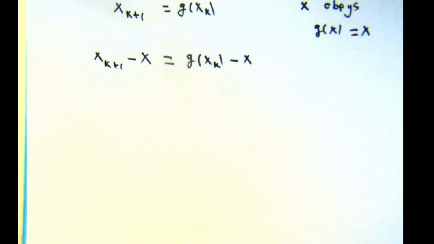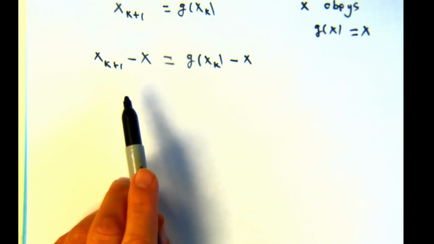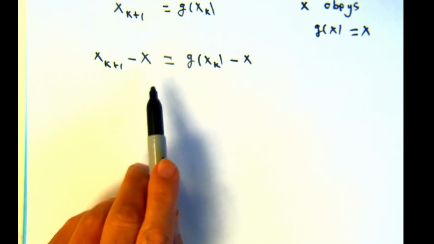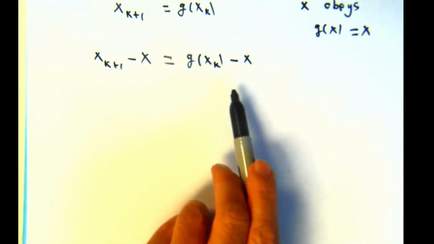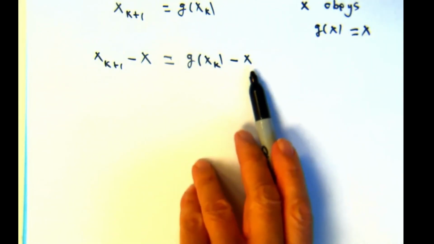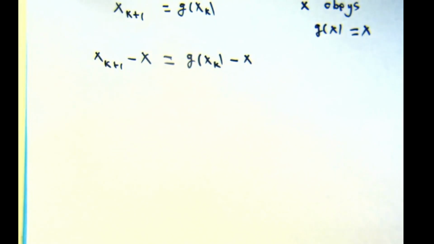On the left, I already get something of interest. This number is how different estimate number k plus 1 from the fixed point method is from what it is that I'm trying to figure out. This side is less transparent until I remember that x is a fixed point of g. That x is the same thing as g of x.